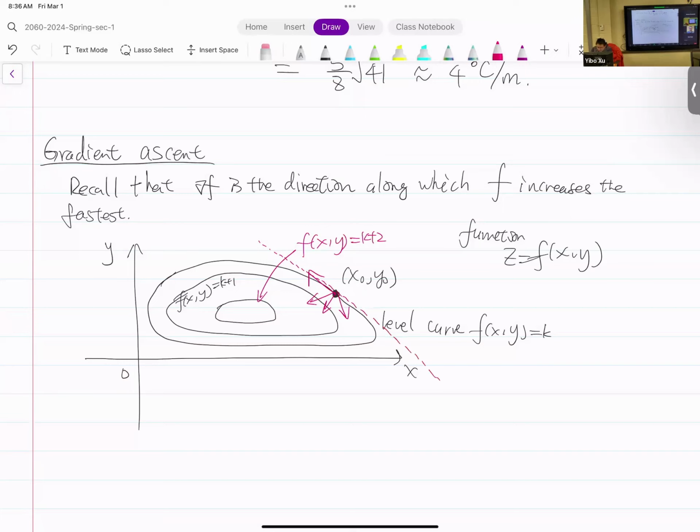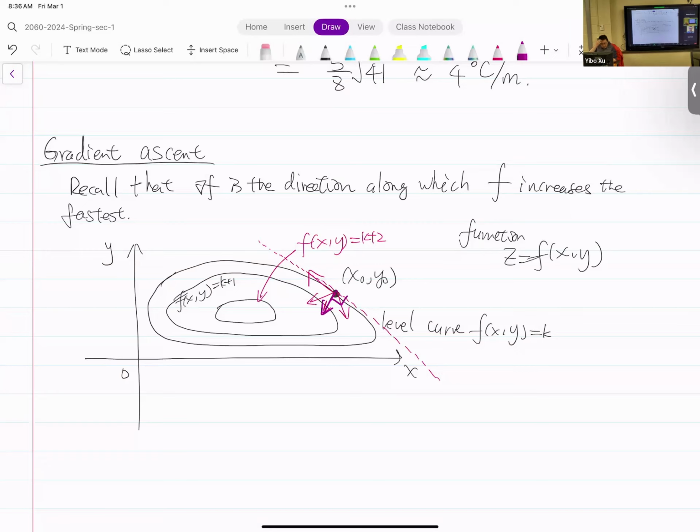If you go along that direction, then your functional value is staying the same, right? And then you're going to choose the gradient direction, and as a fact, the gradient direction is actually perpendicular to the dashed tangent direction.